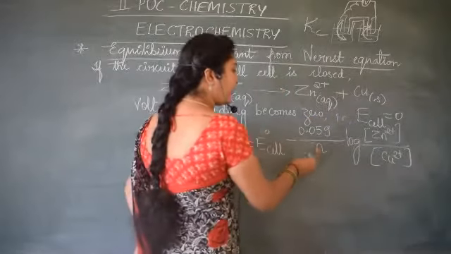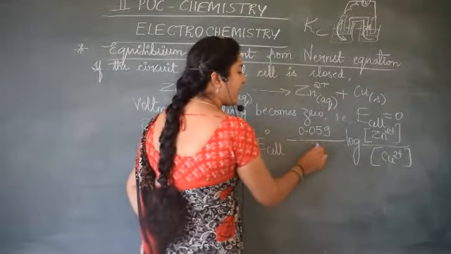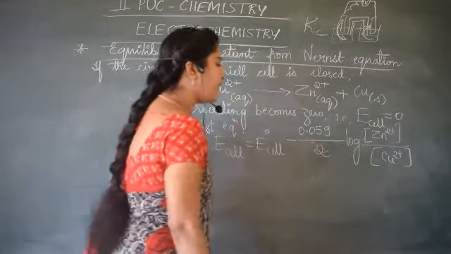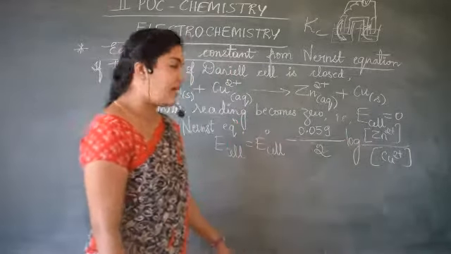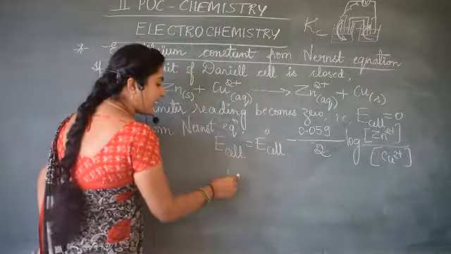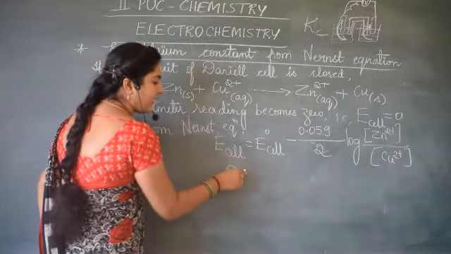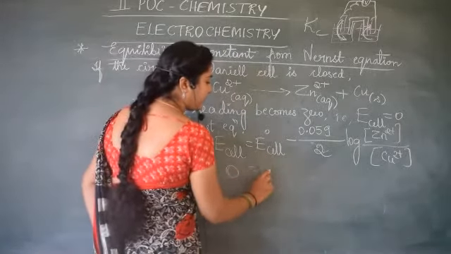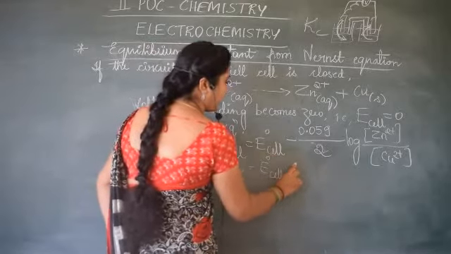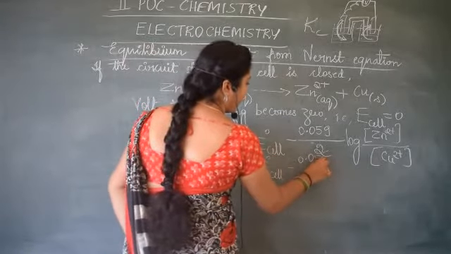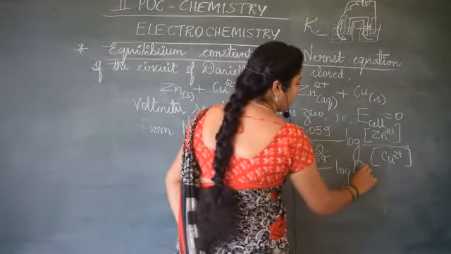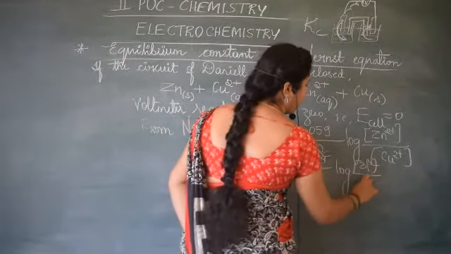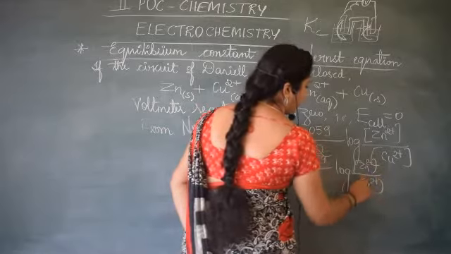Here in place of n we have 2 since it is Daniell cell. Now if we apply this equilibrium condition, E cell becomes 0. So 0 is equal to E naught cell minus 0.059 by 2 log Zn2 plus by Cu2 plus.